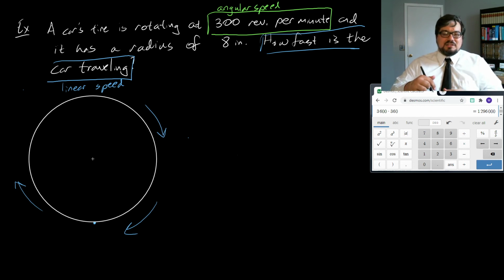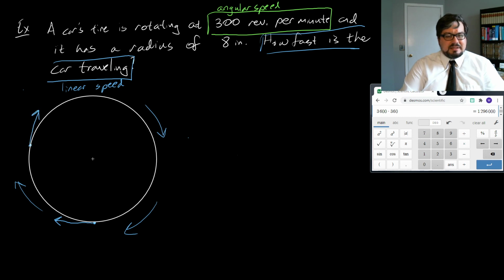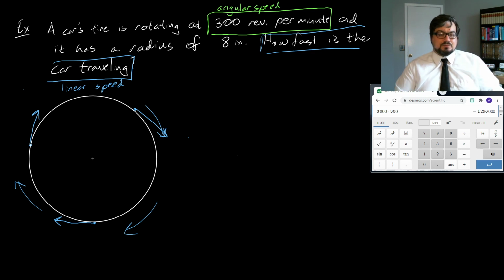And how fast is it doing it? It's doing that in terms of as fast as the tire itself is moving. So we could think of the points on the exterior of this car traveling around in a circle, and it's pulling the car along.